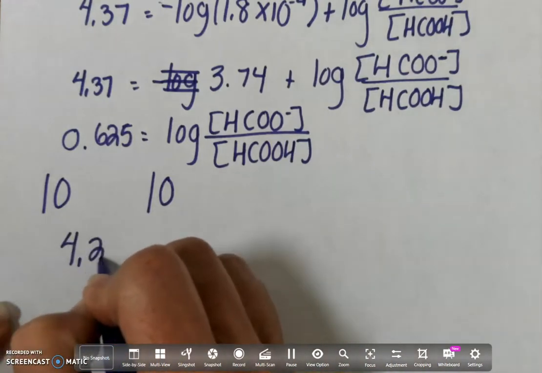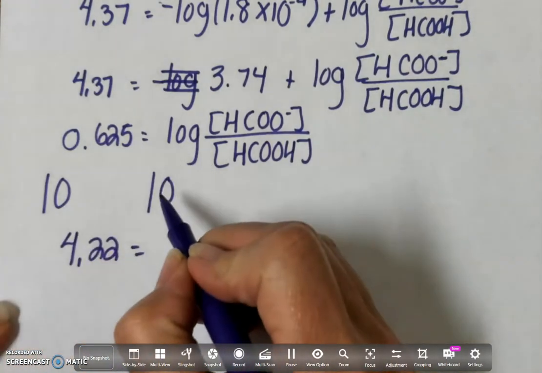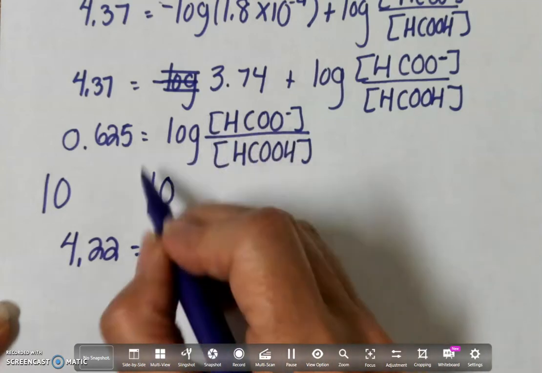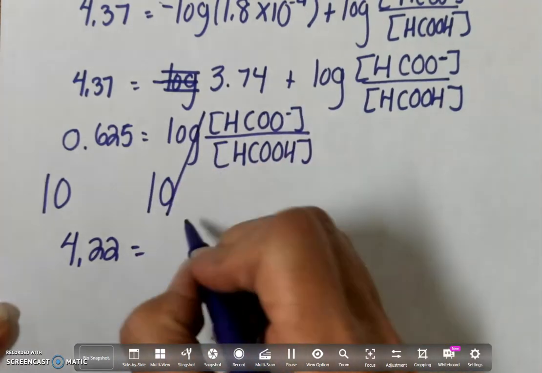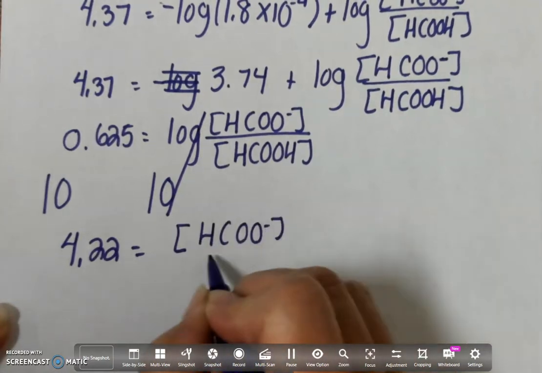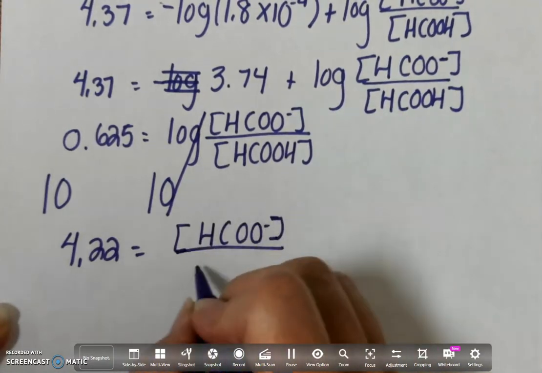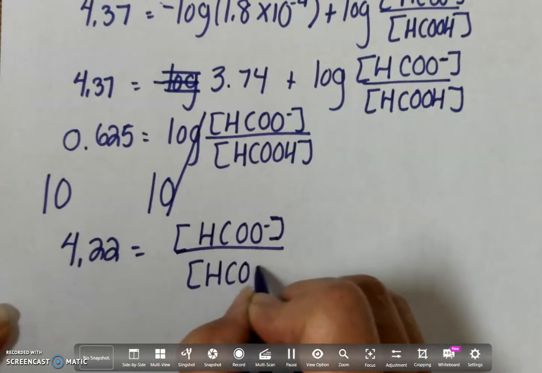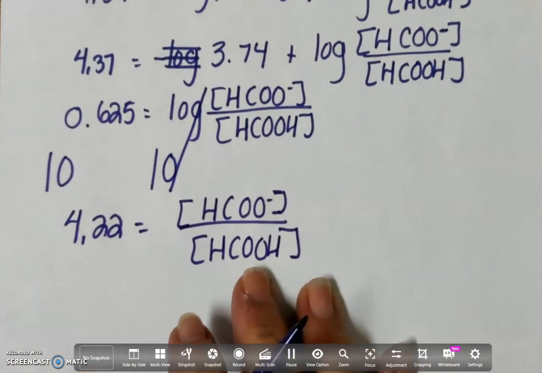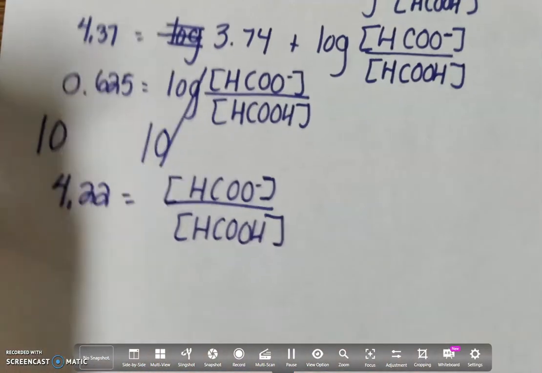So when I take the base of 10 and raise it to the log, I'm basically undoing all of that, and 4.22 is equal to the concentration of my anion divided by my acid.